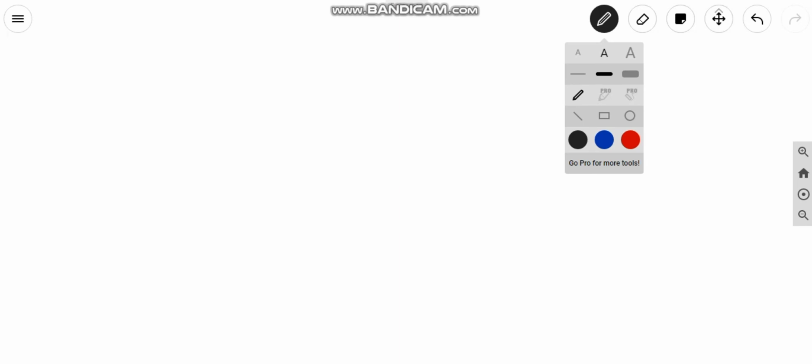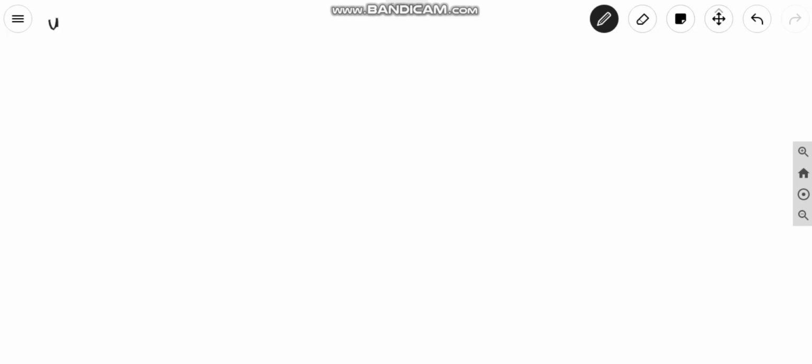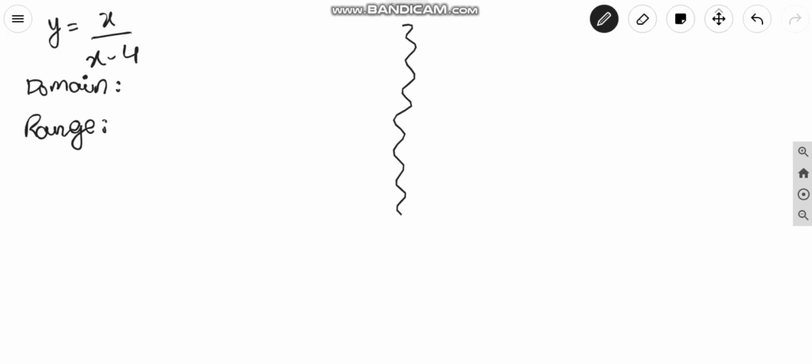Let's discuss a case of an undefined function. Let's consider a function 1 over x minus 4, and we have to find out the domain and the range of this function. So for simplification, let's solve it.